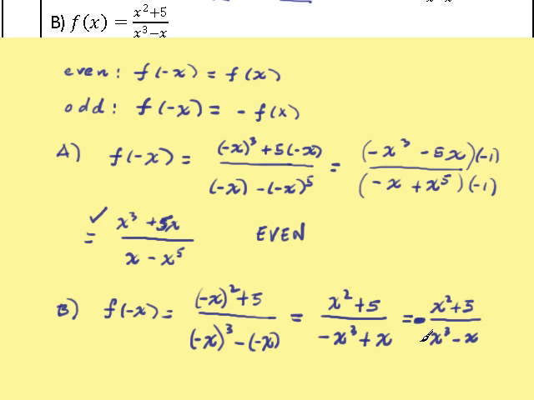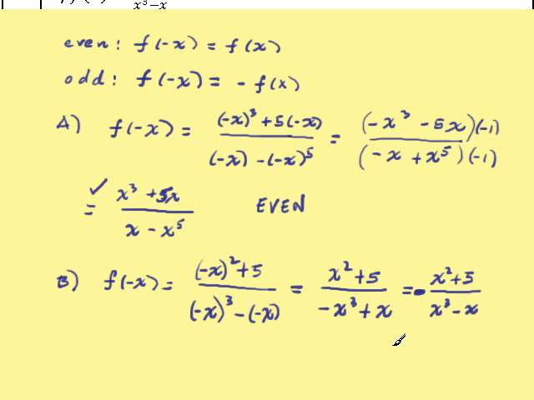Notice if we place it in the denominator and multiply through, we'll get this minus x cubed plus x. So what do we have here? We have the negative of the original. This is equal to minus f of x. So f of minus x is equal to minus f of x. Well, that's exactly the condition for odd. So this one's odd.